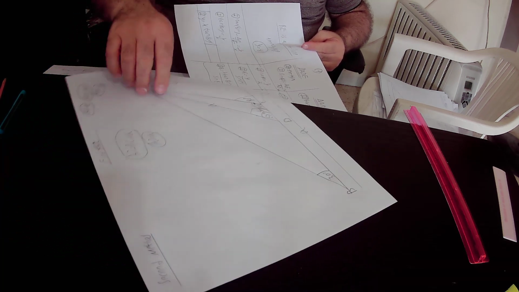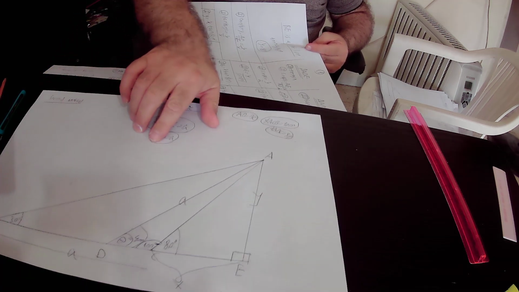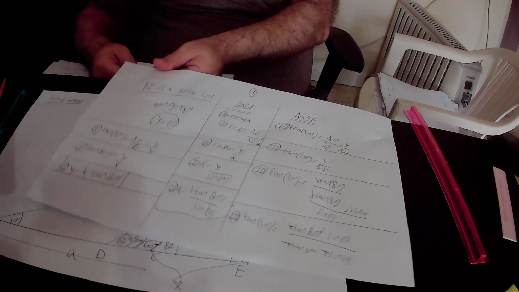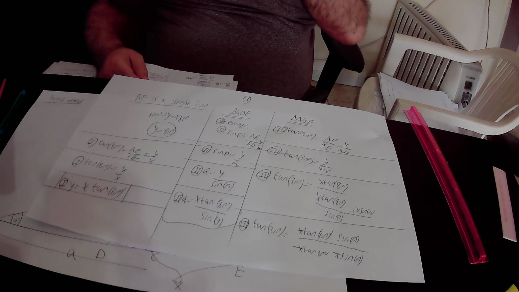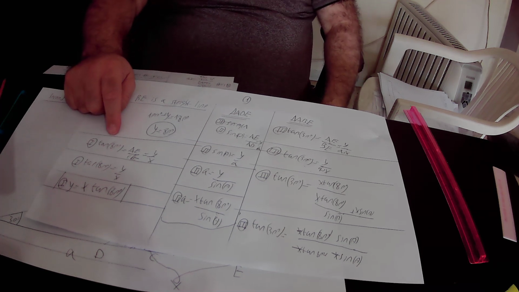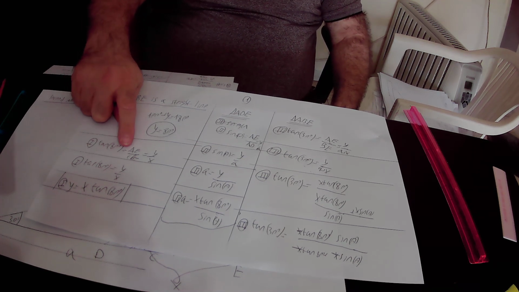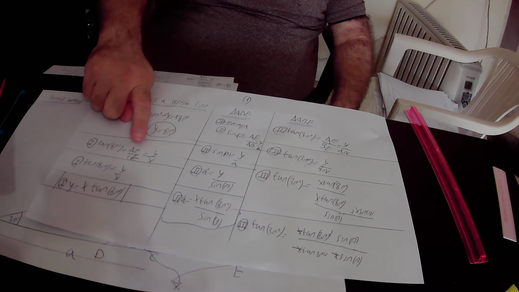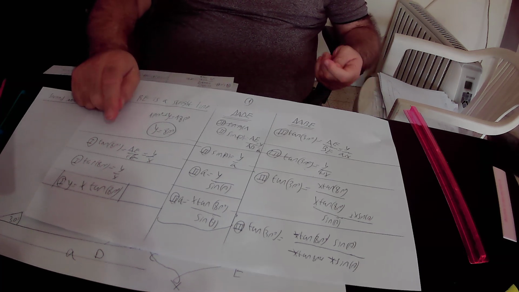Then we focused on the right triangle ACE. In the right triangle ACE, we know that tangent 80 degrees equals AE over CE. But AE equals Y, CE equals X according to our definition.